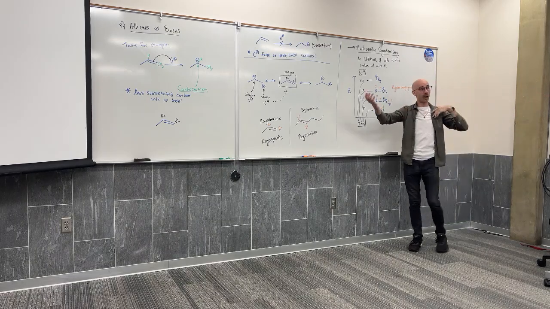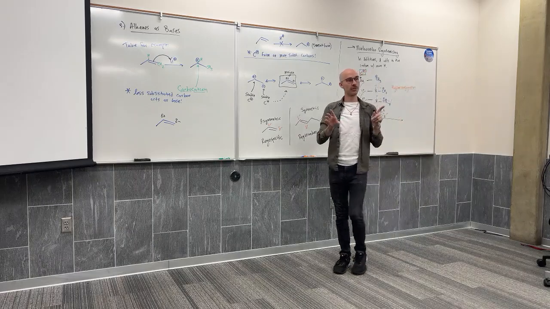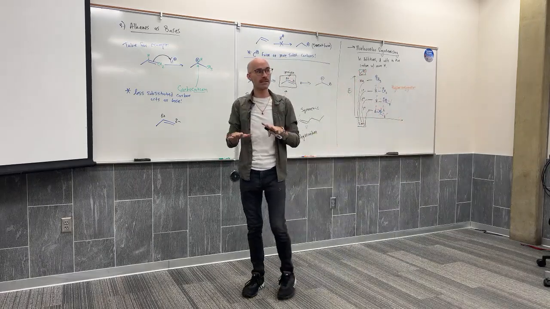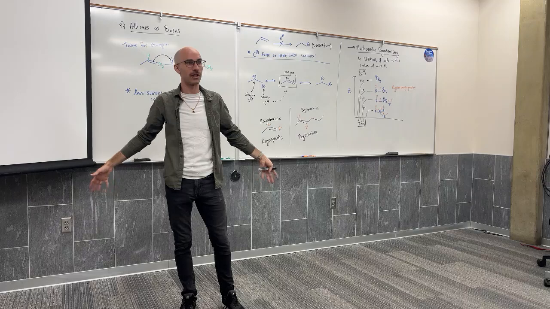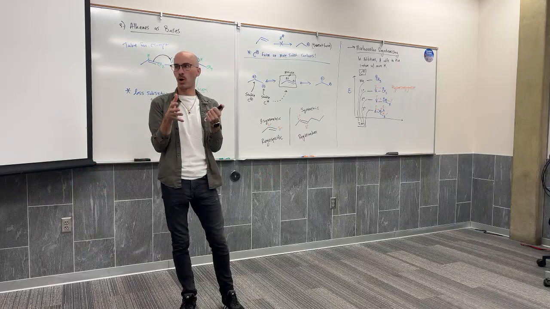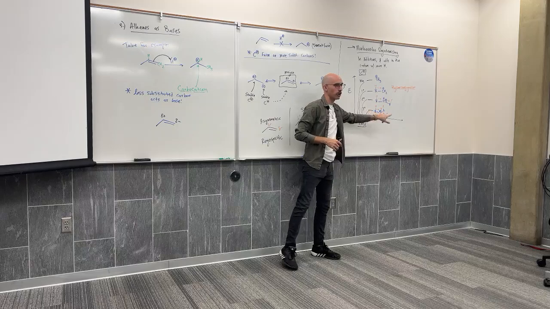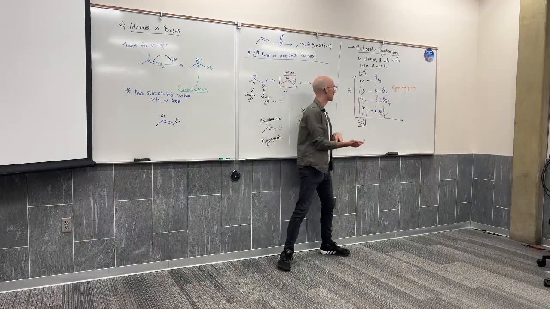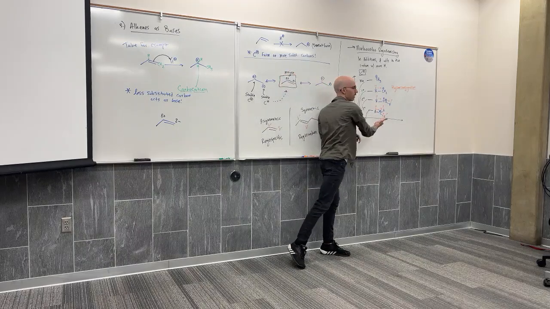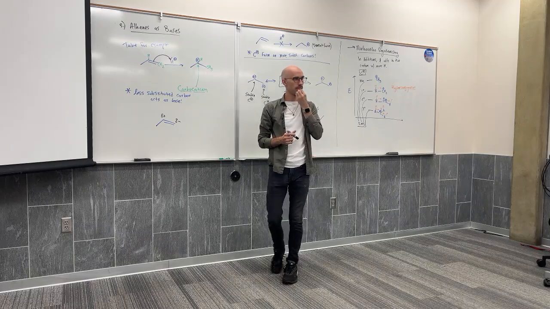Lone pairs cause electron repulsion. So you want to have the smallest amount of neighboring electron density when your carbon holds a lone pair. You put a lone pair onto a tertiary carbon, and it experiences electron repulsion from all of these groups.